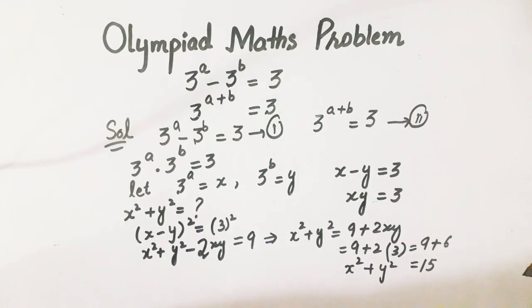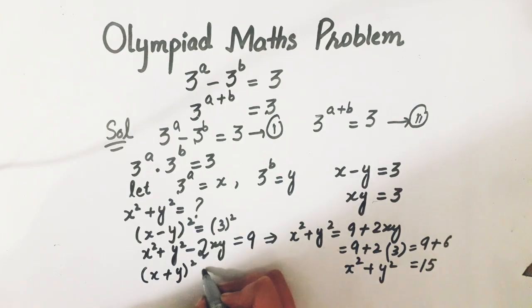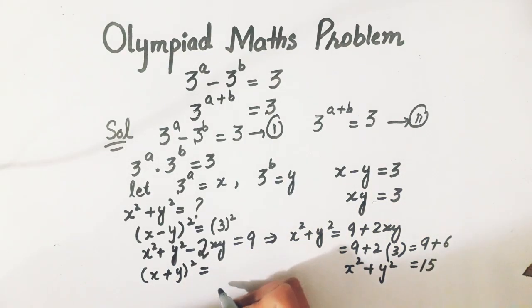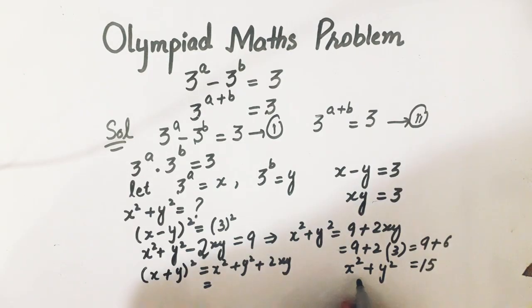Now after finding the value of x square plus y square, that is 15, we will do another step. Now we will consider what (x plus y) whole square equals. So (x plus y) whole square equals x square plus y square plus 2xy. Now substitute values inside it. x square plus y square equals 15, then plus 2 into xy, which is 3.